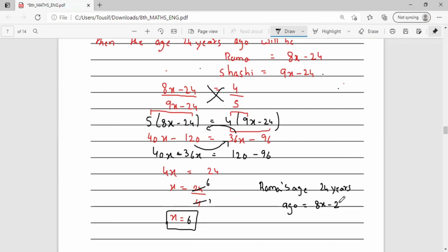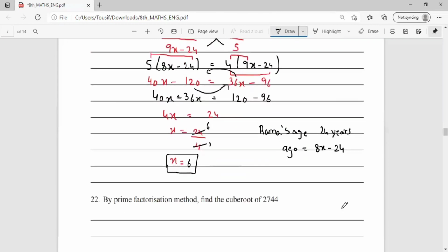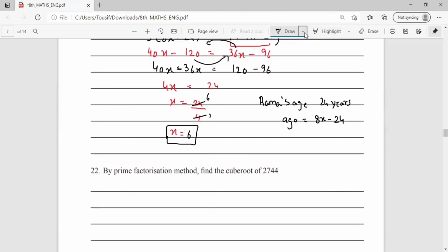The x value is 6, so 8 times 6 minus 24. 8 sixes are 48, minus 24 gives the value 24.